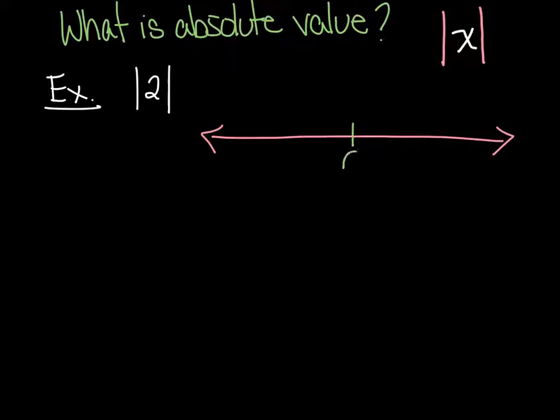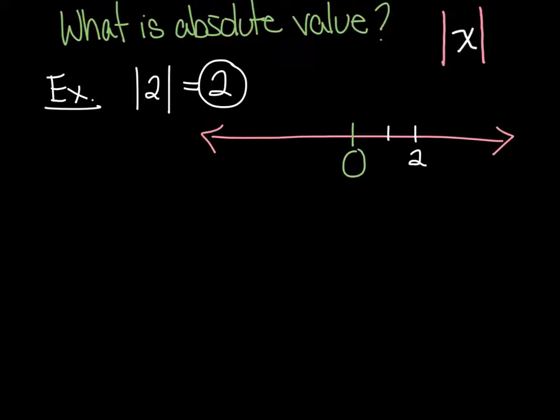So if we have 0 here, all you need to do is mark 2. If 2 is here on your number line, how far is 2 from 0 on the number line? Well, if 2's here, and we count backwards, 1, 2, 2 is 2 spaces from 0. So the absolute value of 2 is 2.